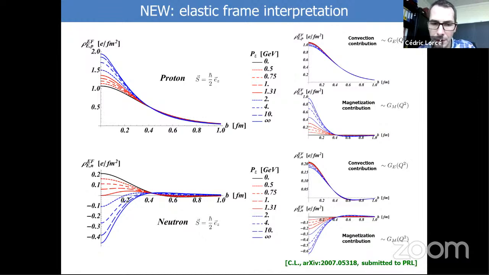So this solves the mystery we had before, and shows that neither is more fundamental than the other. I personally prefer the distribution in the Breit frame, but the distribution in the infinite momentum frame also has its own virtue. But you have to keep in mind that there are lots of induced effects just from the fact that the proton is seen not in the rest frame, but in a moving frame.